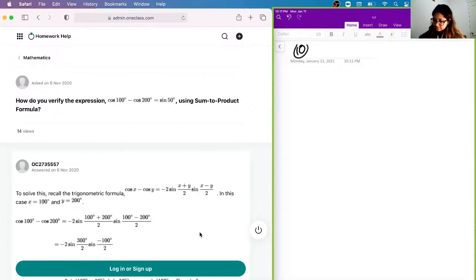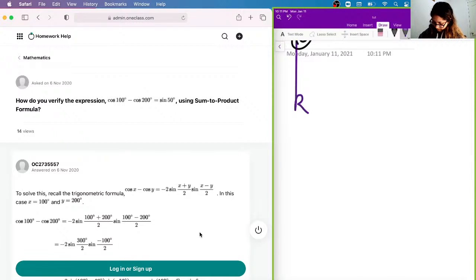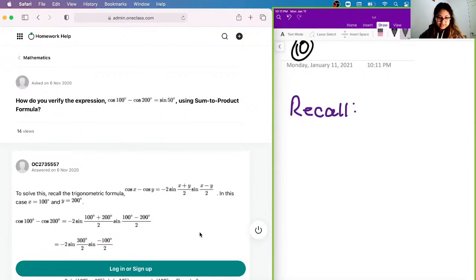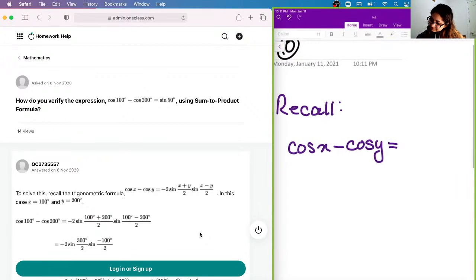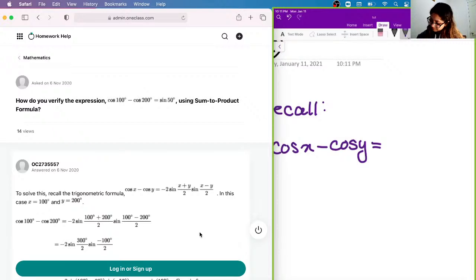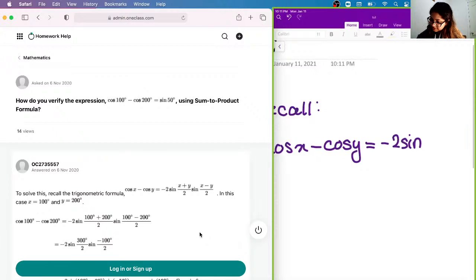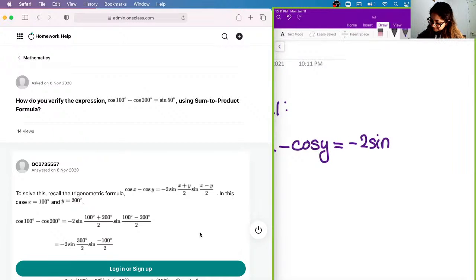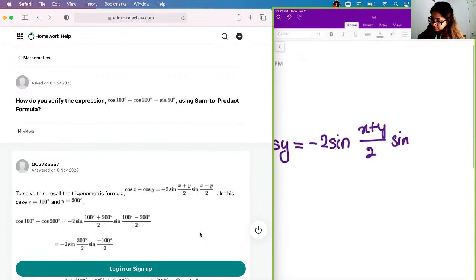There's a trigonometric formula for this, if you guys recall, which is cos of x minus cos of y is equal to negative 2 sine of (x plus y) over 2 times sine of (x minus y) over 2.